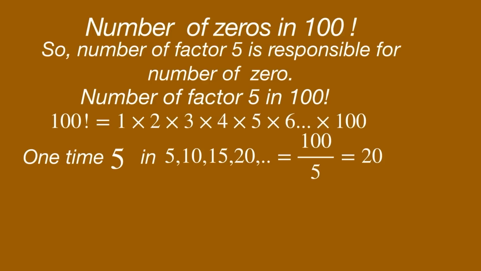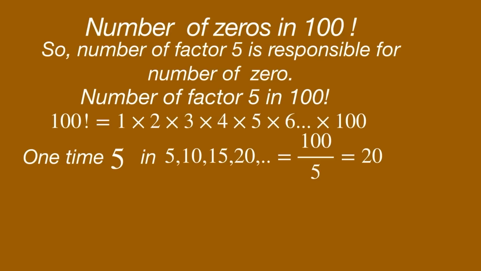So in these numbers the factor 5 occurs 2 times, because 25 means 5 into 5 and 50 equals 5 into 10, so 10 means 5 into 2, so 5 into 5 into 2.